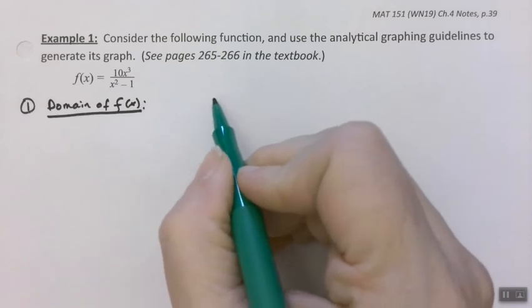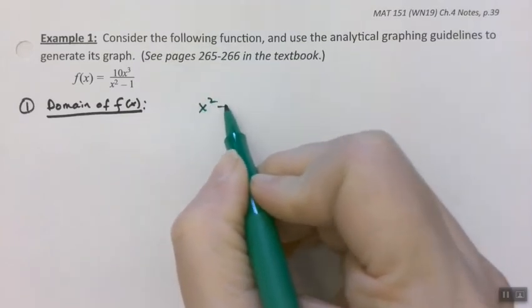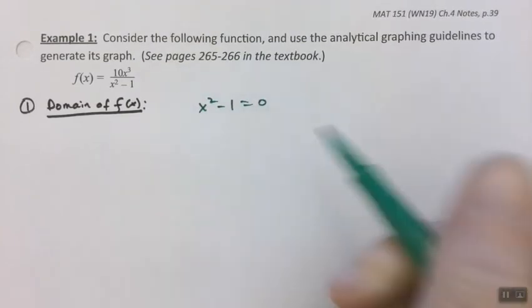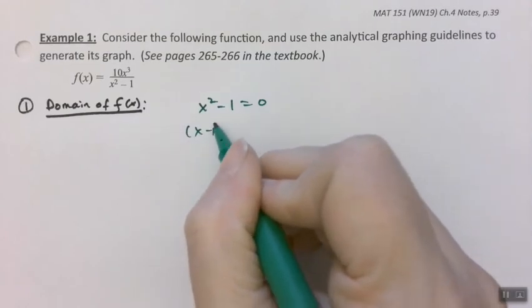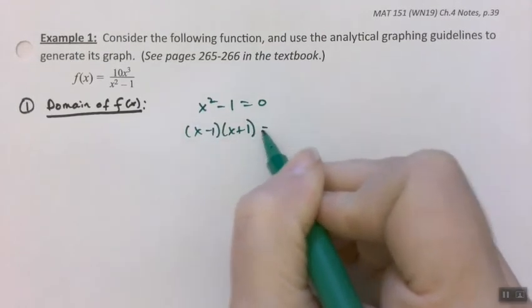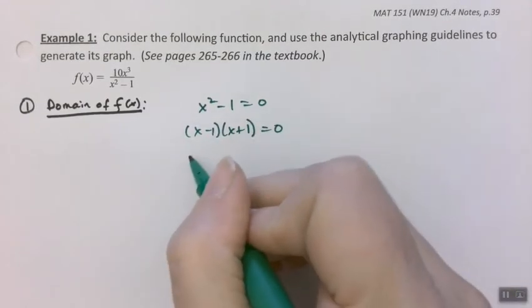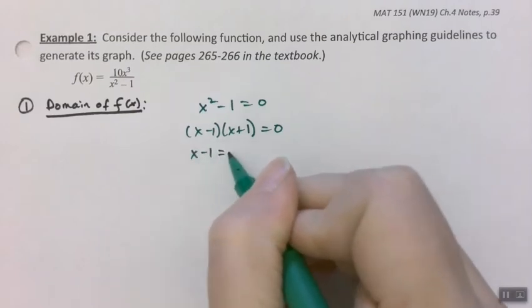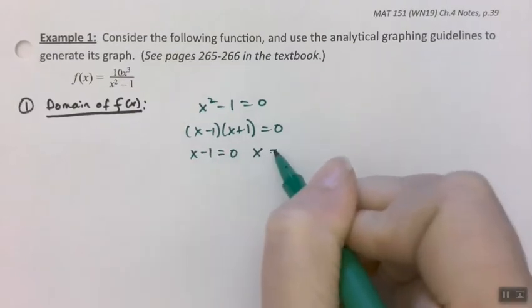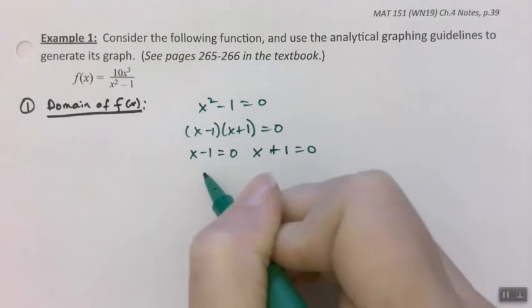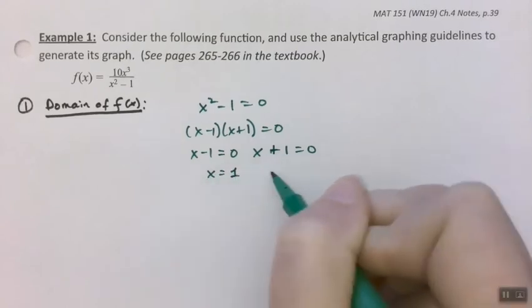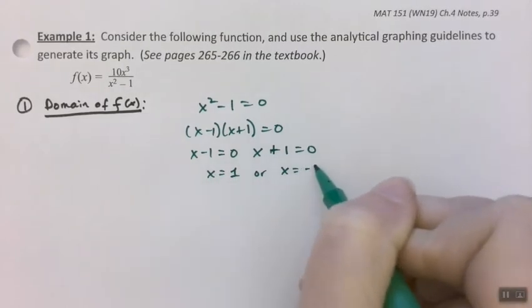So we can't have division by 0, so I'm going to set my denominator equal to 0, and I'm going to solve this. Now you could factor it, or you could bring 1 to the other side and then take the square root of both sides. The only trick with that one is to remember that whenever you take the square root of both sides, you'll have to do plus or minus, because it's x equals 1 or x equals negative 1.